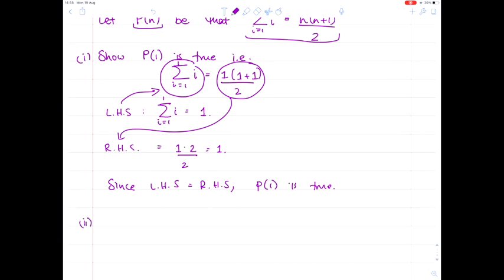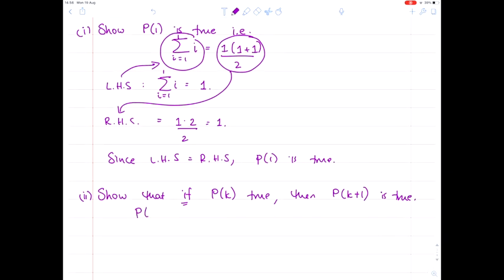Now our next step is we need to show that if Pk is true, then Pk plus 1 is true. Now Pk says that the sum from i equals 1 to k of i is equal to k times (k plus 1) over 2.